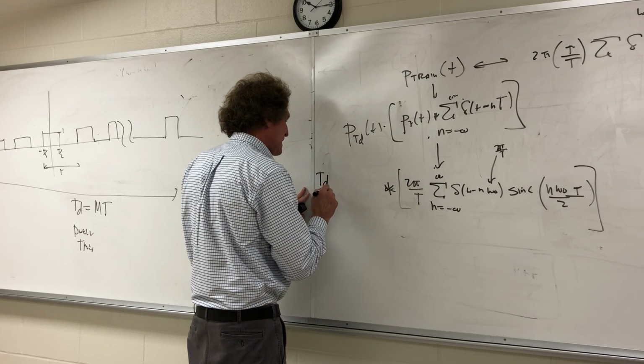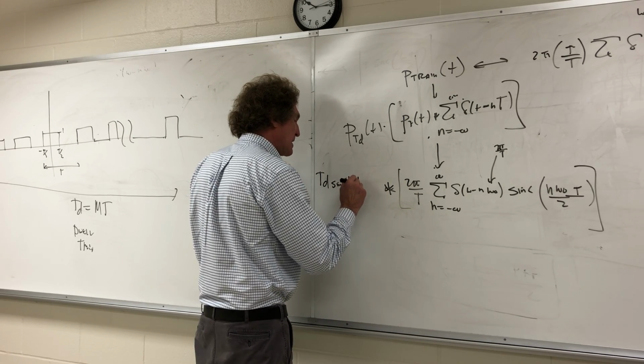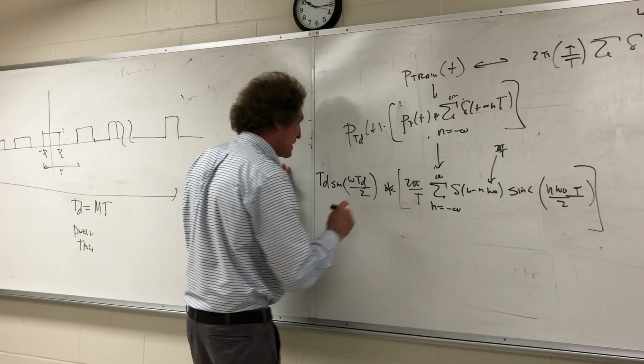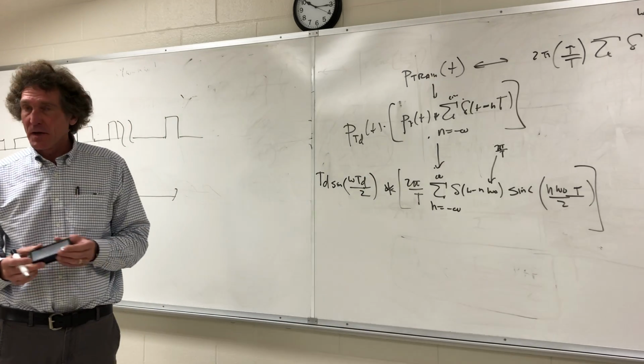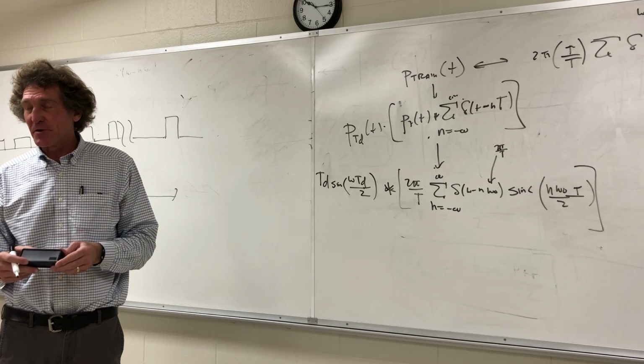Then it's going to be times the sinc, now make sure you write this down, of omega TD divided by 2. Please make sure you write it down. I know some of you aren't, because it's probably video recorded, but you're going to need this information.